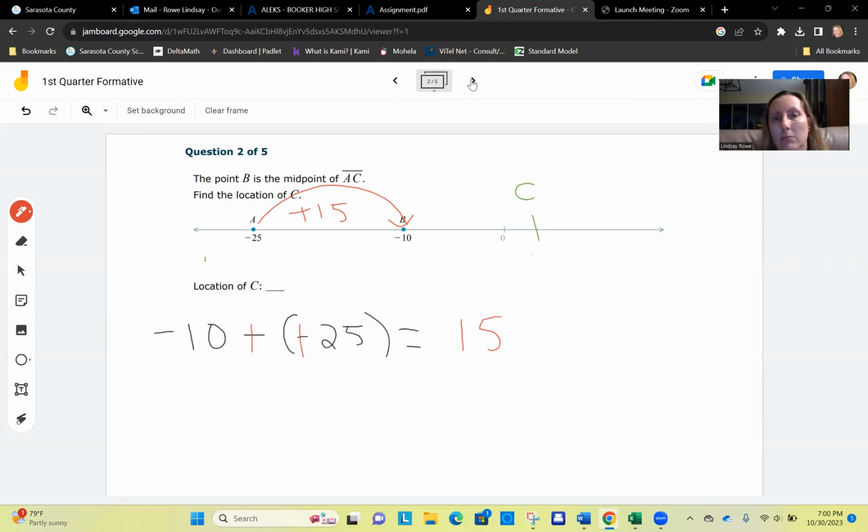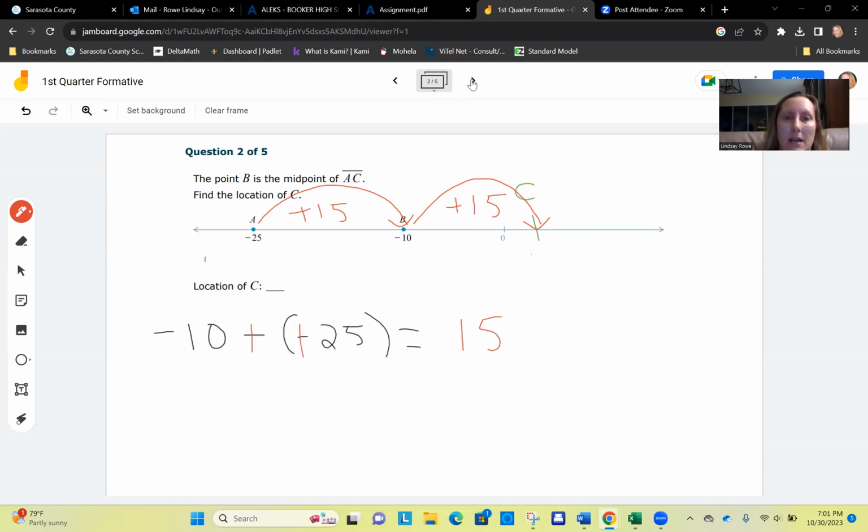Okay, so to move from B to C, how far is it? Remember, B is the midpoint. So to move from B to C, it's the same distance. That's the definition of the midpoint. It's halfway, right? So the length of AB and BC are equivalent. So I could start at B and add 15.